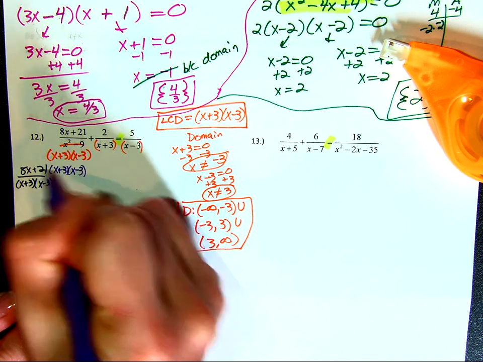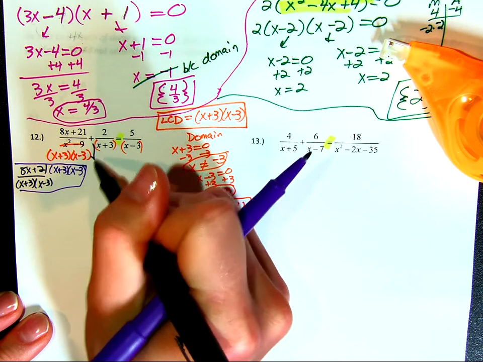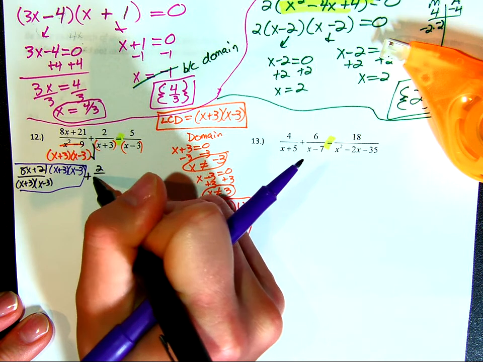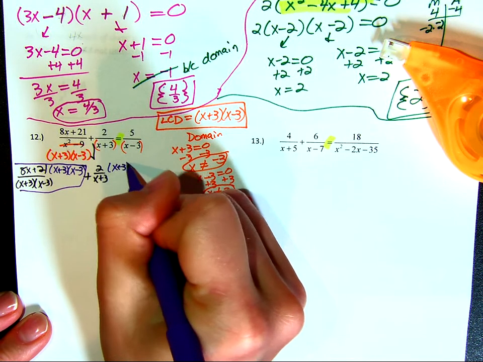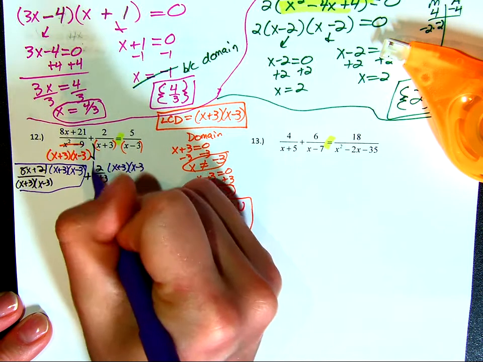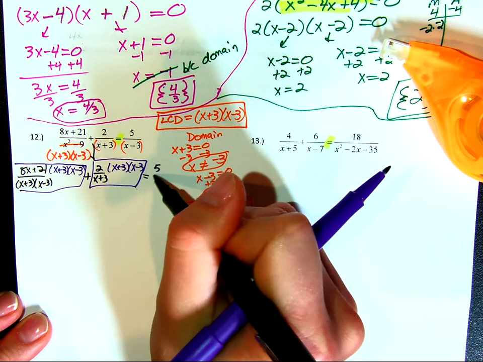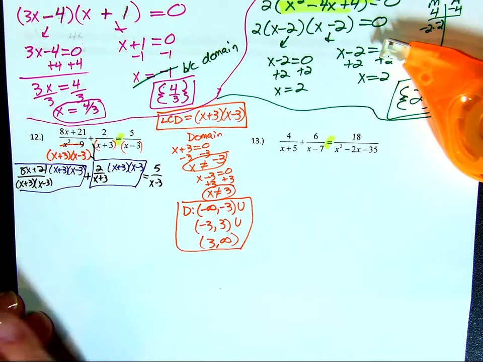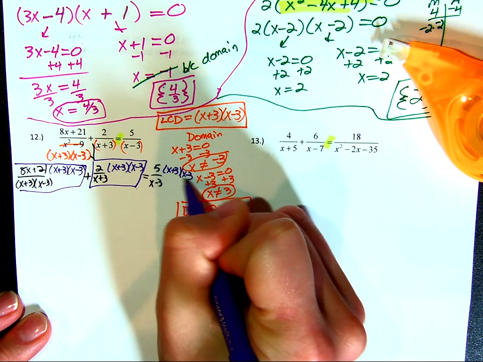Box it in. Bring down our plus sign, 2 over x plus 3, and multiply that by our LCD of x plus 3, x minus 3, and box that one in, equals 5 over x minus 3, and we multiply that by our LCD, x plus 3, x minus 3. Box that one in.